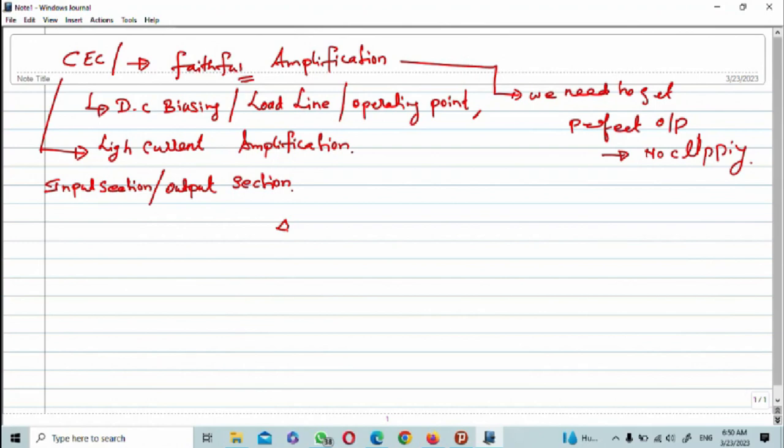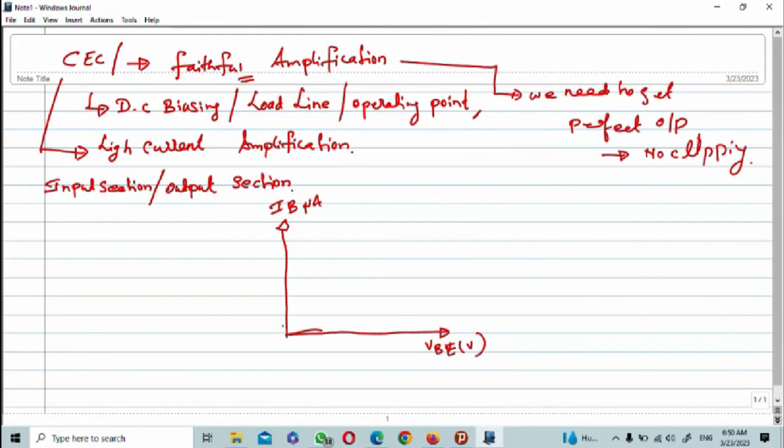As you already know, the input section has input current IB in microamps and VBE, base emitter voltage, in volts.